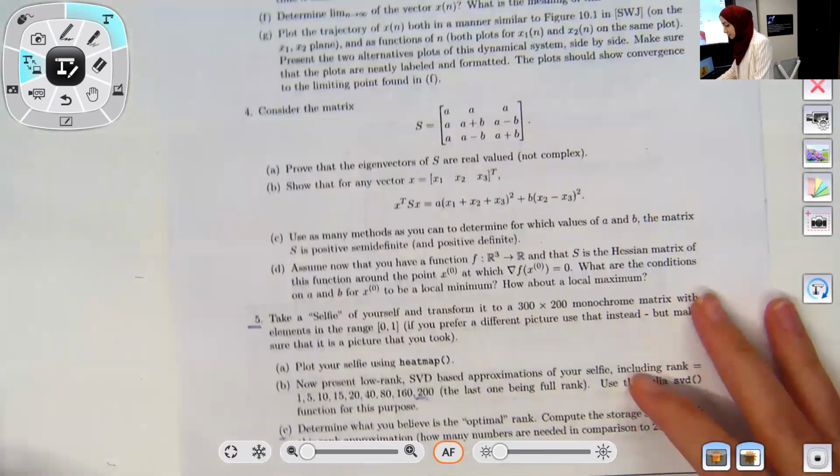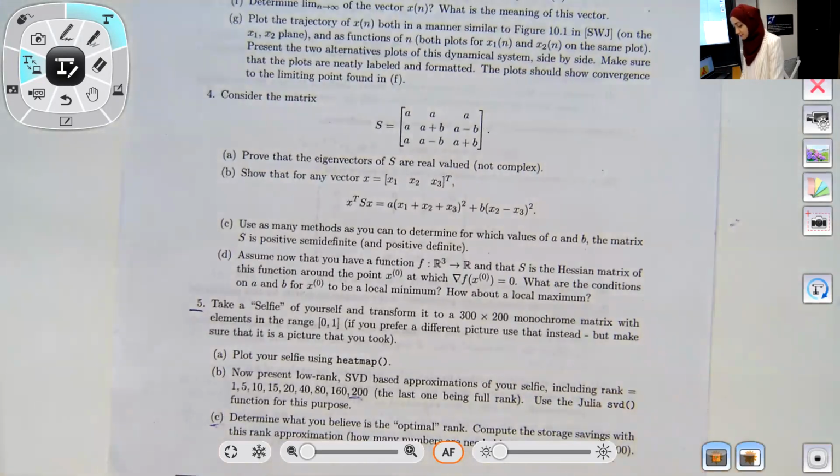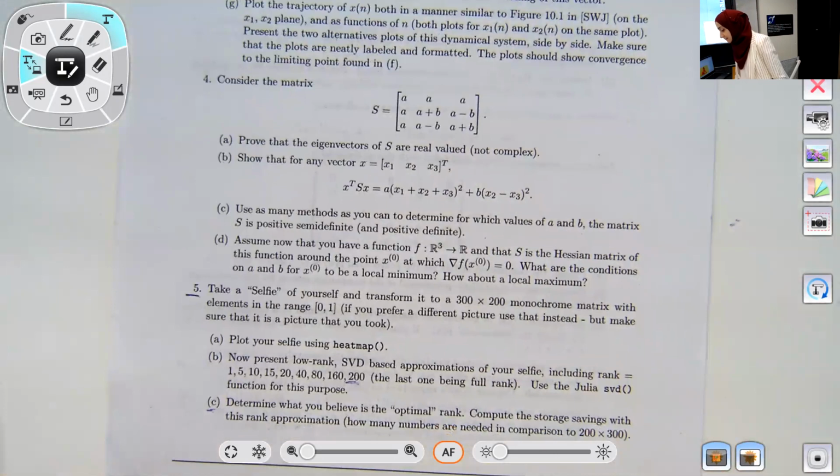Hi, we will continue on question 5 in assignment 2. In question 5, they ask you to take a selfie of yourself and transform it to a 300 times 200 monochrome matrix with elements in the range between 0 and 1. If you prefer a different picture, use that instead, but make sure that it is a picture that you took.